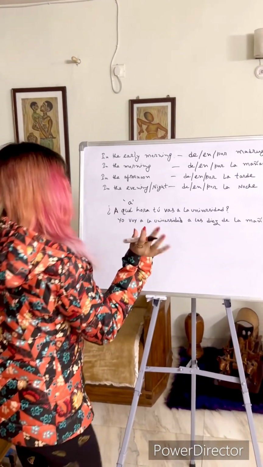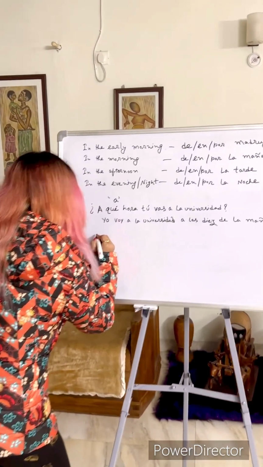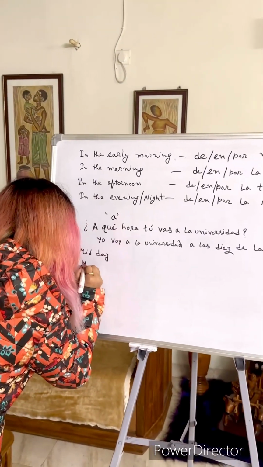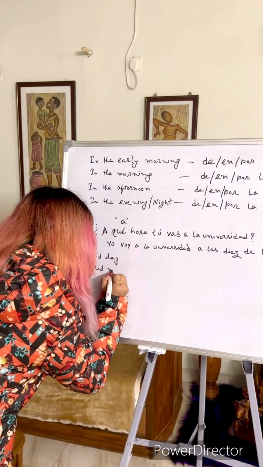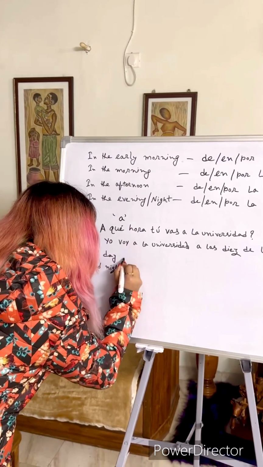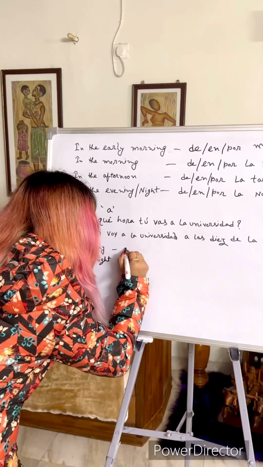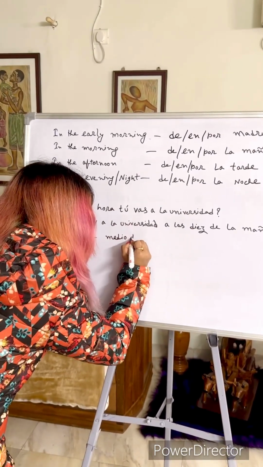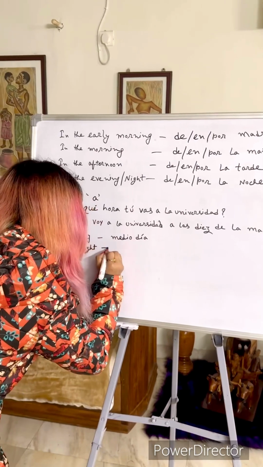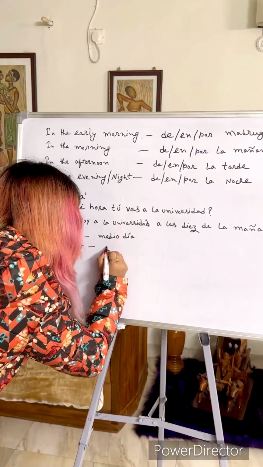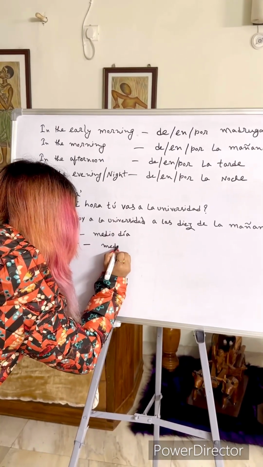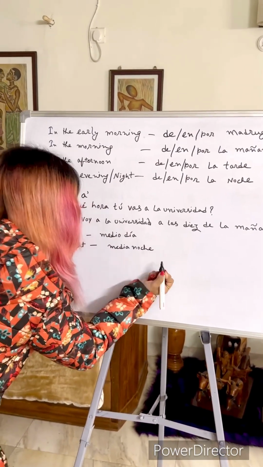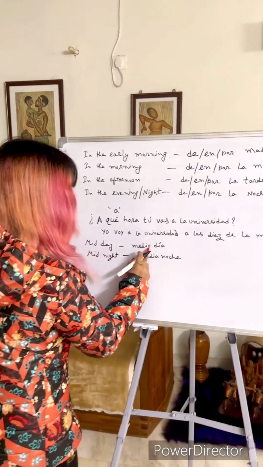And there are two words you need to remember as well, for midday and midnight. For midday the word is mediodía, and for midnight it is medianoche. So why is it mediodía?